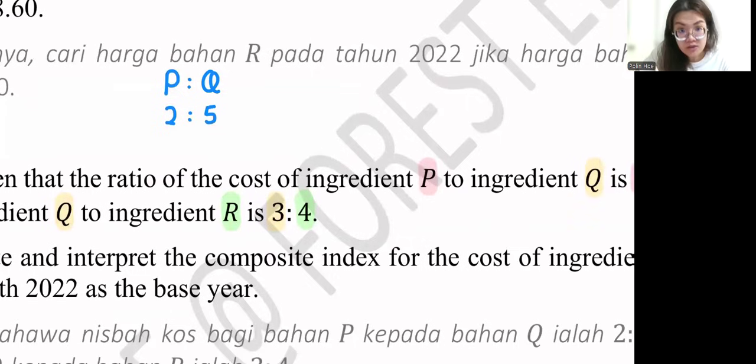Okay? Q to R, I have 3 to 4. This one no mark one. This one I just want to help you to see clearer. How to make Q same? 我要把 Q 变成一样, I need to make everything 15, correct? 我要把它变成15.